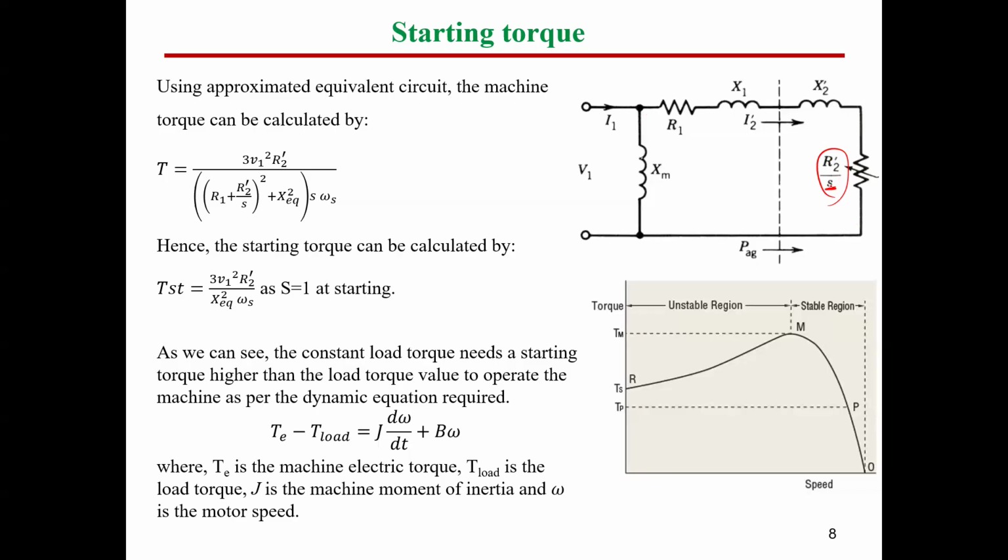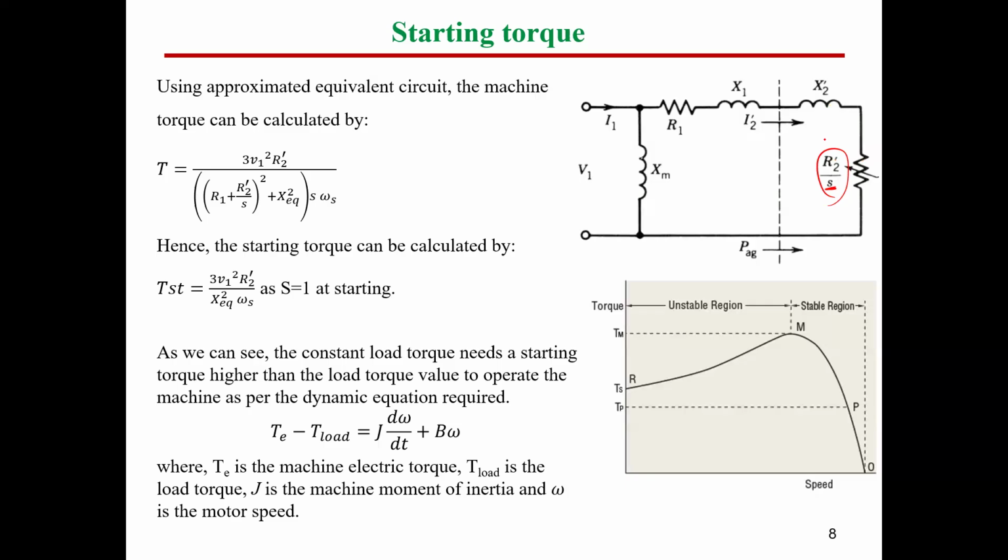But if S is very high, close to unity or unity at startup, in this case, the value of R2 prime divided by S is going to be small, which is typically the value of the resistance of our rotor circuits.